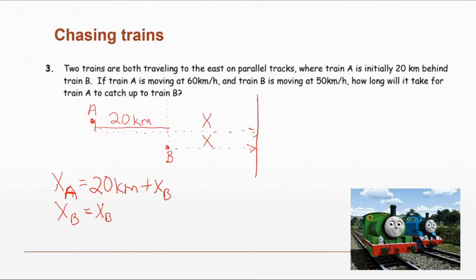Now it says, how long will it take for train A to catch up? So you know that train A and train B have the same amount of time. Train A time is equal to train B time.